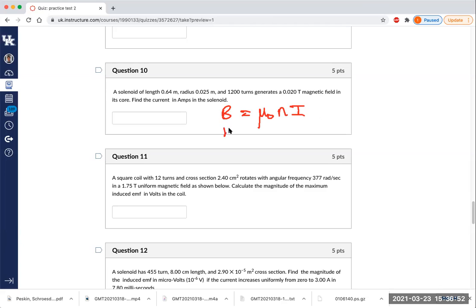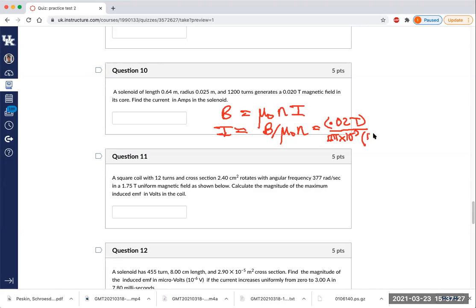Now, in this example, we want to figure the current knowing the field. So we've got to rearrange this equation, divide through by mu naught, divide through by n, and then fill in the field, 0.02 Teslas, and fill in mu naught, 4 pi times 10 to the minus 7, and fill in the number of turns per unit length.